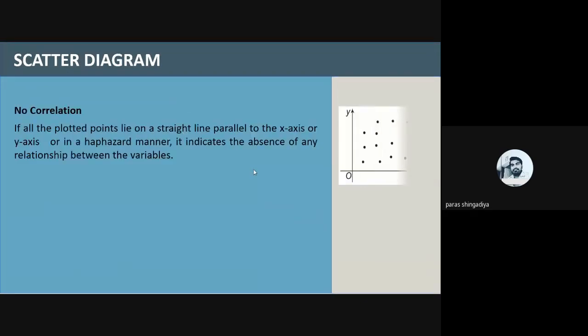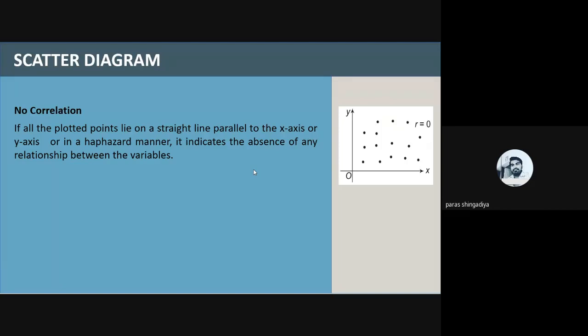And then after, no correlation, which means there is no fixed pattern, that is, it does not lie on a straight line. Otherwise, we cannot cover this data in a narrow strip. Clear?